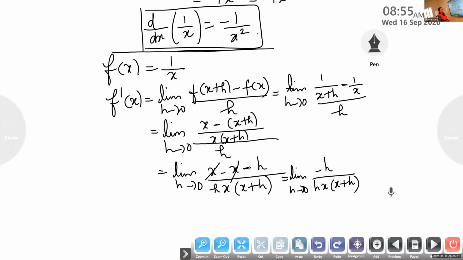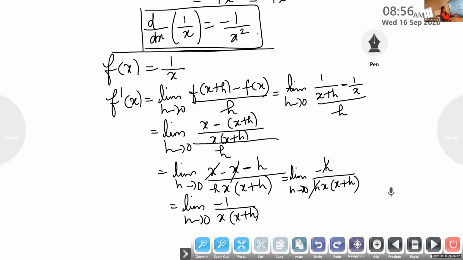Is it okay, Aditya? Aryan, is it clear up to this? Yes, ma'am. Now here, again, in the numerator we have h, in the denominator we have h, we can cancel it. So, you will get limit h tending to 0 of minus 1 by x into x plus h.